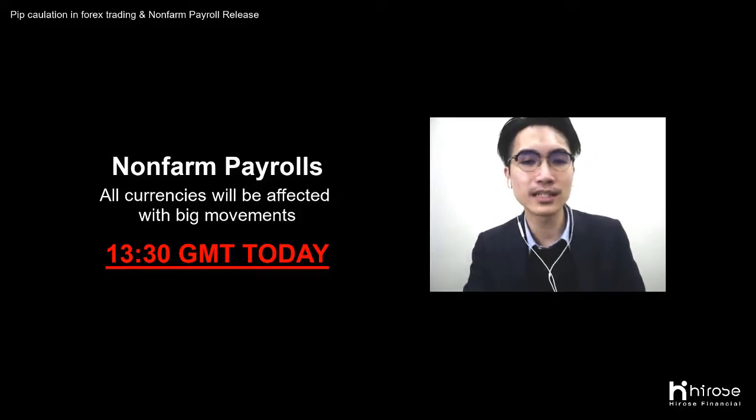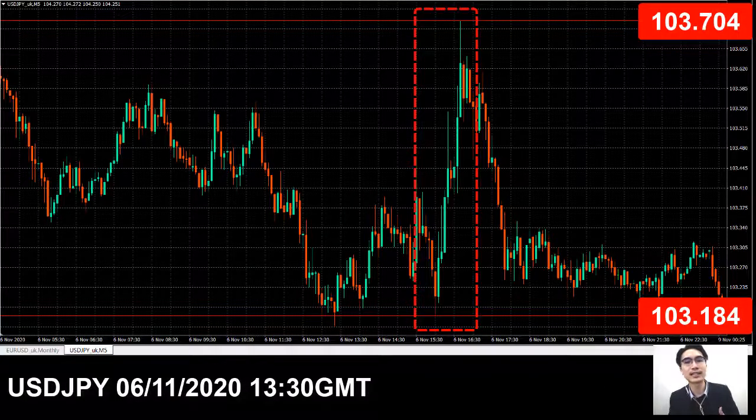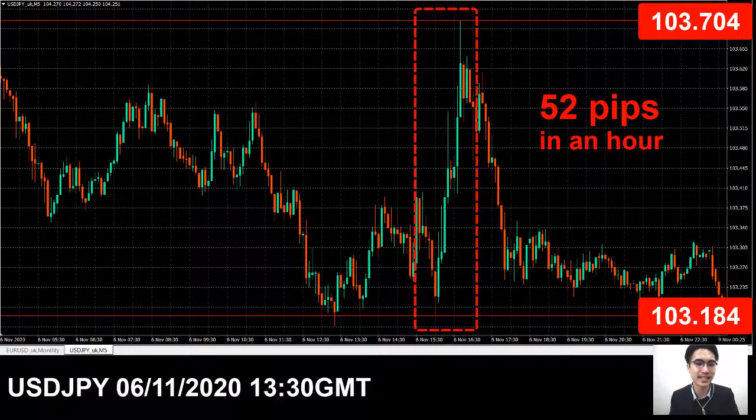Just take a look at this chart here. It's the US dollar and Japanese yen price movement after the non-farm payroll last month. After the non-farm payroll last month, US dollar Japanese yen went up by 52 pips within 1 hour.